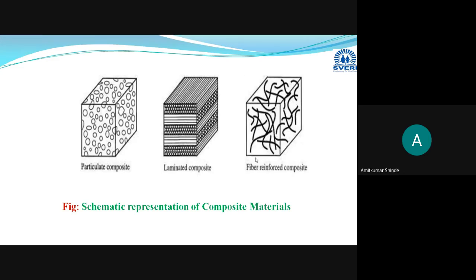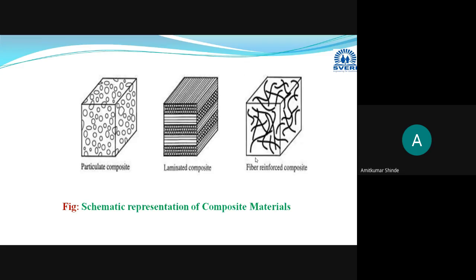Aluminium alloys, copper alloys, nickel alloys, titanium alloys can be used as the metallic matrix. For the non-metallic matrix, you can go for polyesters or different types of resins, like epoxy resins. These come under the different types of polymers.